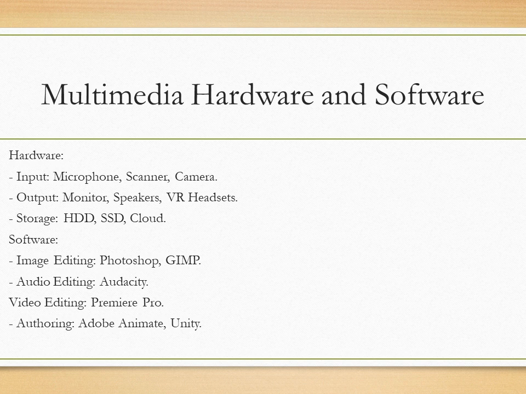We have some animation tools and multimedia APIs: Java 3D, DirectX, OpenGL. These are all the multimedia APIs. Next, animation software are Autodesk 3ds Max, Autodesk Maya, Blender. So these are some of the animation software. We have some graphics and image editing tools: Adobe Illustrator, Adobe Photoshop, GIMP.